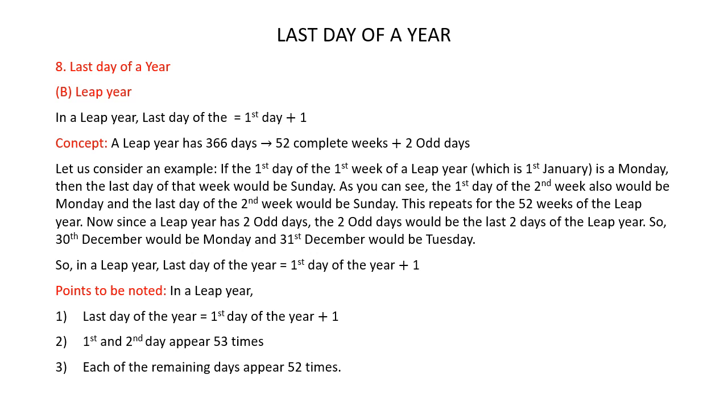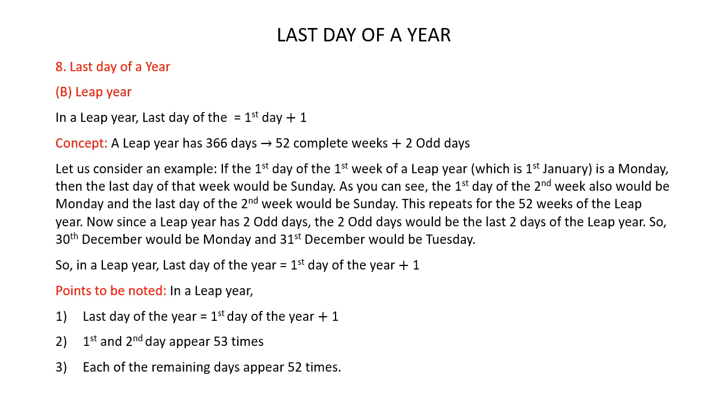So clearly from this example, the first and second day appear 53 times in a leap year. And you can see that each of the remaining days, Wednesday, Thursday, Friday, Saturday and Sunday, appear 52 times.